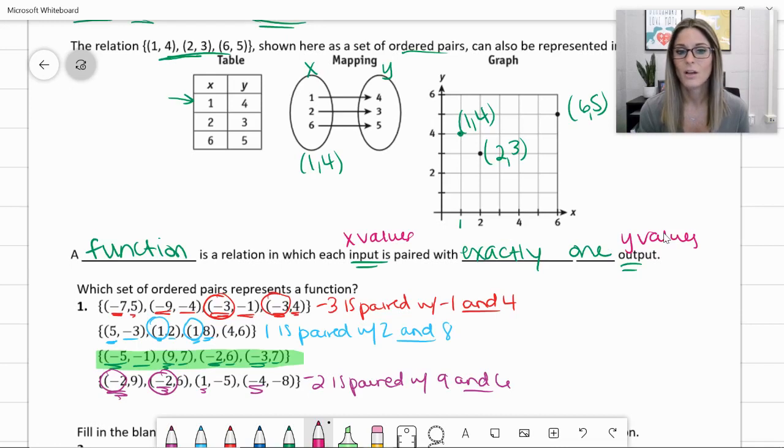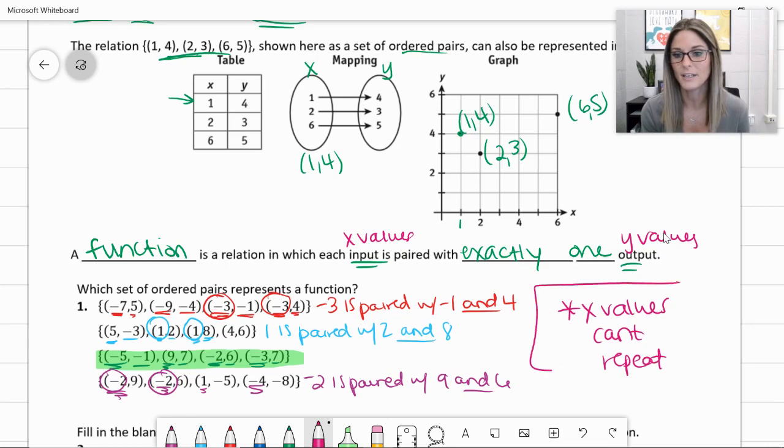And notice how I wrote it out and I circled those X's when they repeat. So if you have a list of ordered pairs, if you're trying to determine if something's a function, a quick way is checking your X values. And in a function, the X values can't repeat.